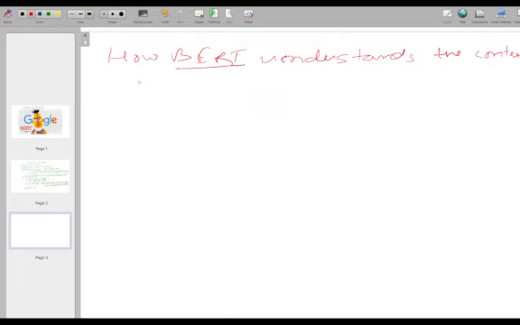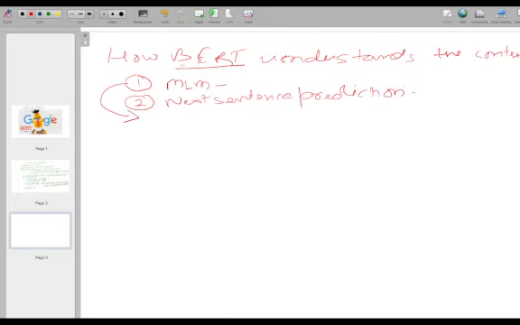How was the BERT model trained? The BERT model was trained using two objectives. One was MLM, and the other one was next sentence prediction. Now what is this MLM?